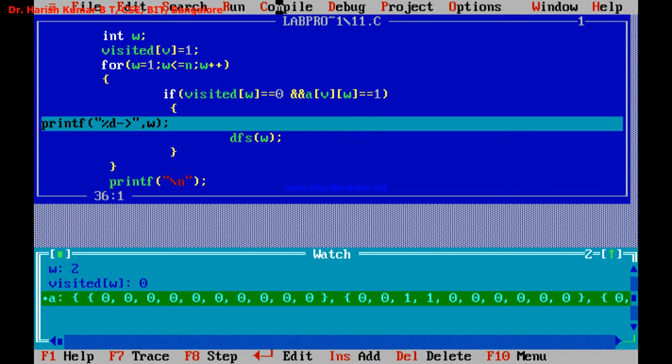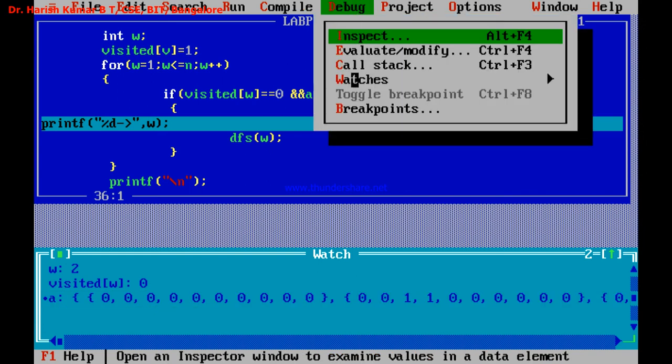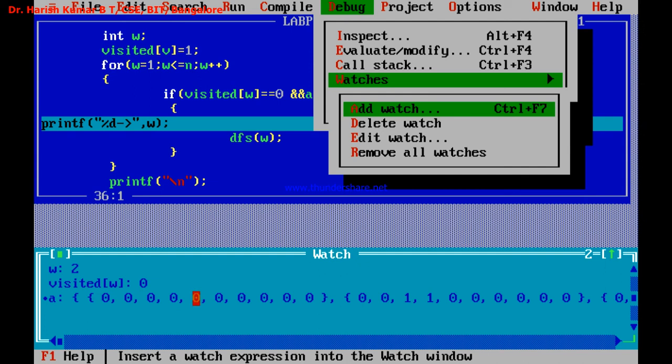Let me add one more. It should be 5 rows, right? In each one we should have 5 elements, but I don't know why it is showing 10. Okay, let me check it.